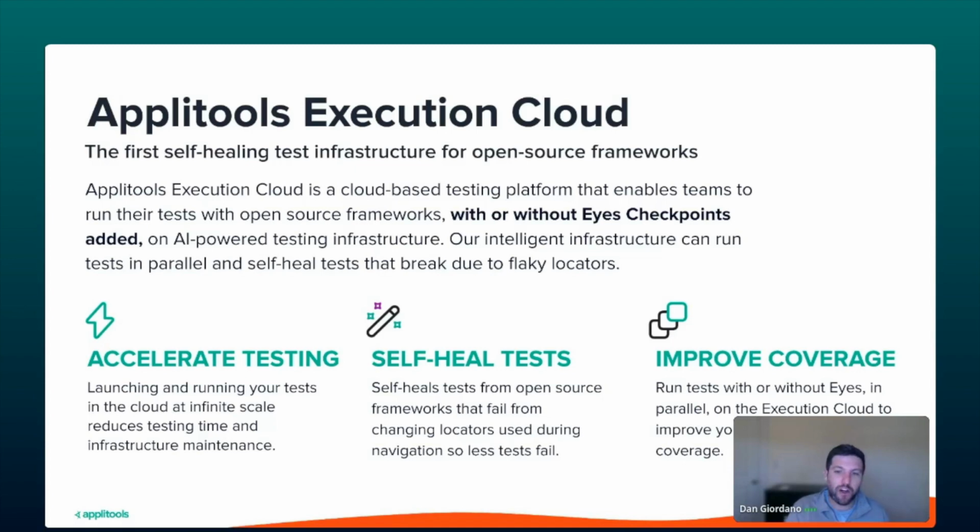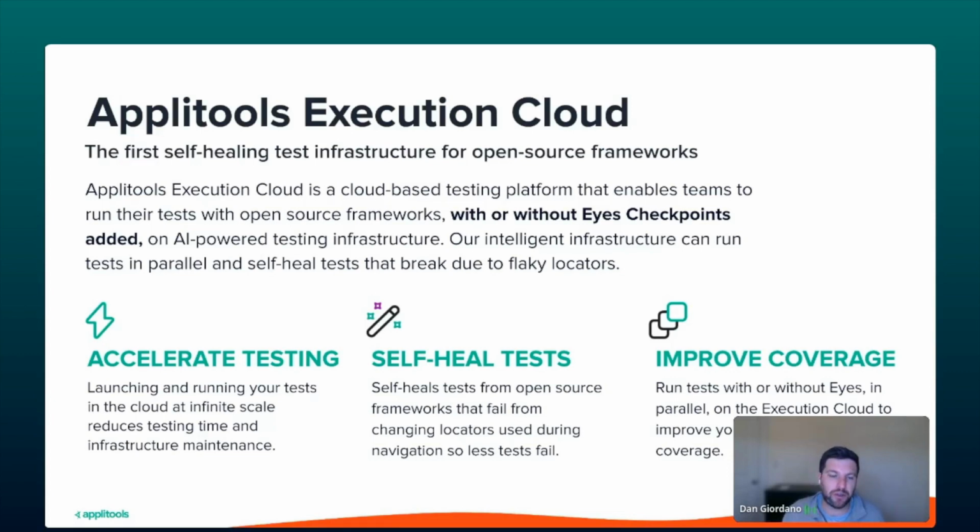So you can run that for functional tests, but you can also run it for your visual Eyes tests. So now you have one single unified execution space where you can run not only your functional tests that don't have Eyes, but also your visual tests that are using Eyes. It's a great place to bring all those results together and use the self-healing technology to run those tests.